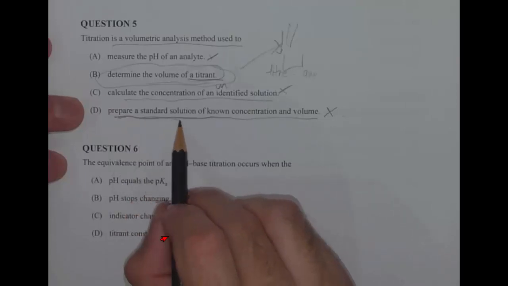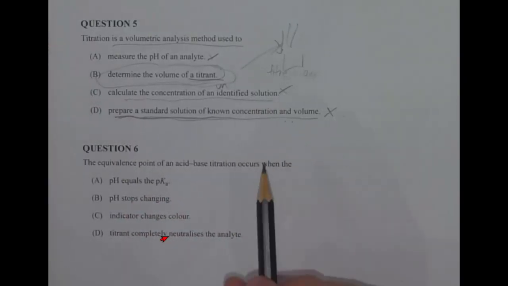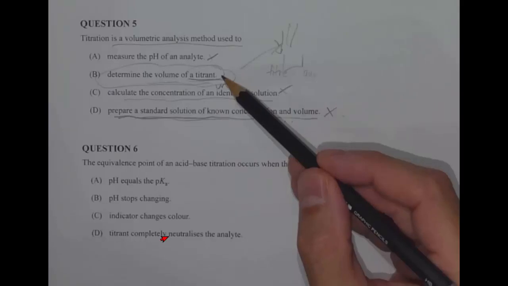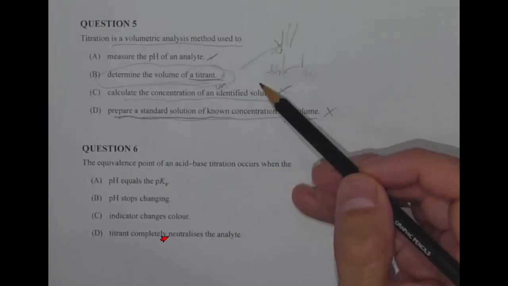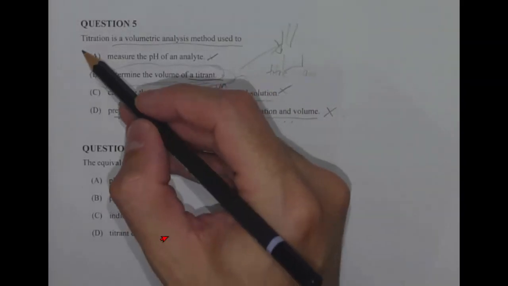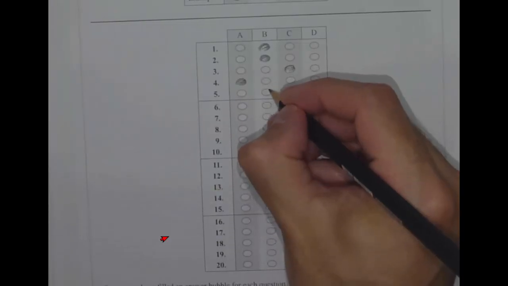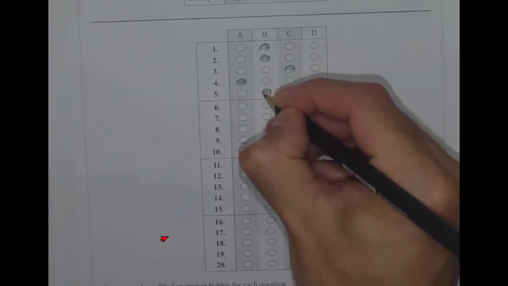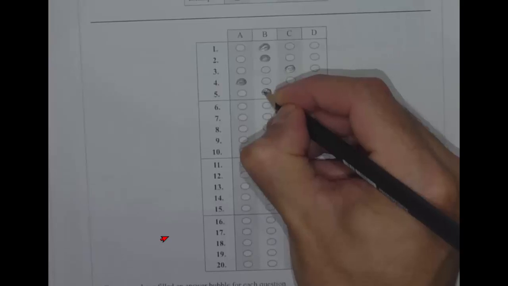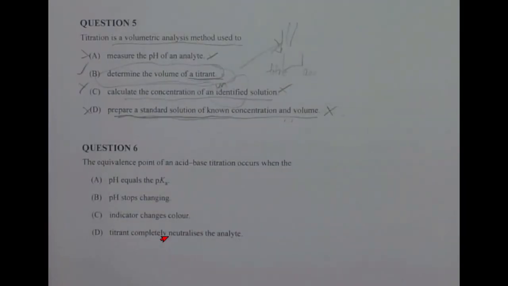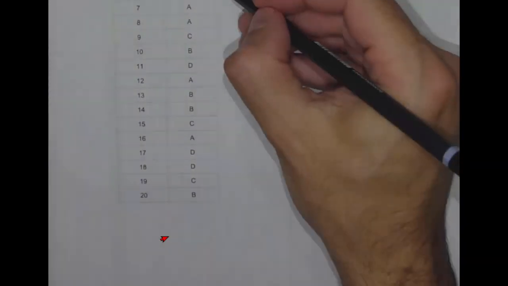Used to prepare a standard solution? It can't be that because that's part of the method. But this is what we're trying to achieve in order to get the unidentified. So this one's a little annoying, to be honest, but I'm going to go for B. And already my confidence won't be up for this one. No one's confidence was up. All right. And the answer is C.